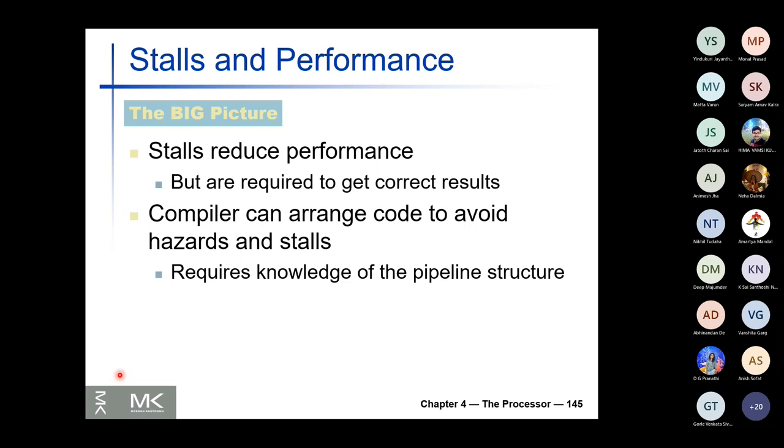So instead of inserting those stalls, we can use the stall slots to execute some other instruction, therefore not impacting the overall performance. And of course, the compiler should be aware of the pipeline structure. Otherwise, how would you reshuffle the code? So you need a very smart compiler if the target machine is a pipeline machine.